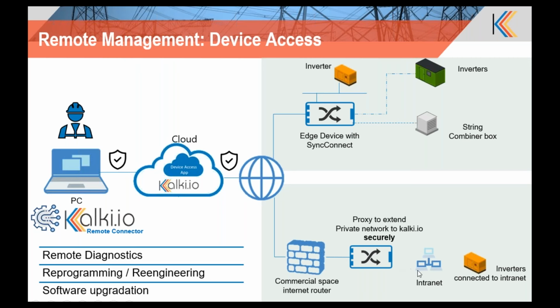And from the edge gateway, you can connect with any of the assets in the field through the local LAN. For those kinds of topologies also, you can use a sync proxy or sync connect at the edge devices, and provide access to these devices to a remote maintenance user.